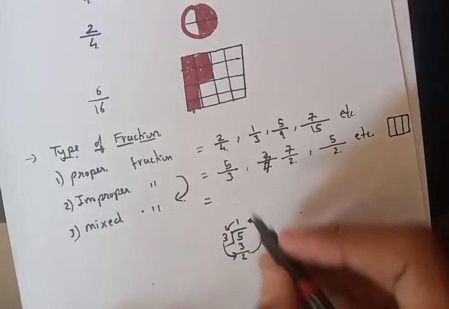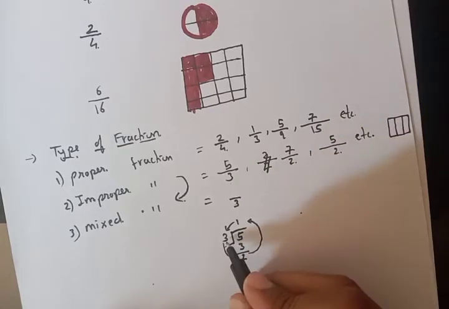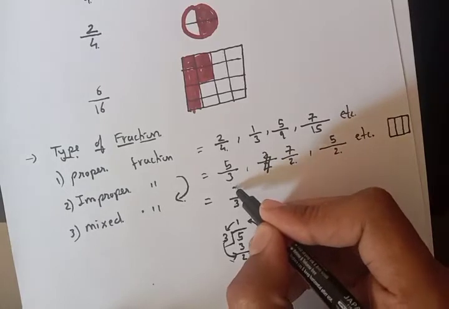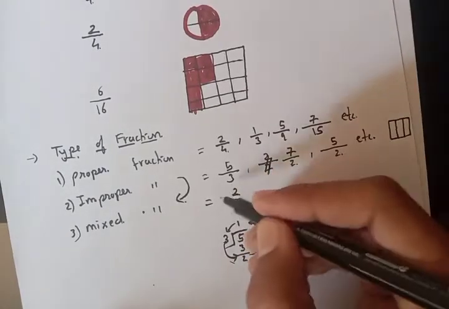So you can write these numbers like this: 3 will be below, 1 goes up, and 2.